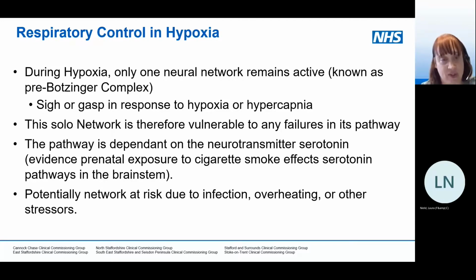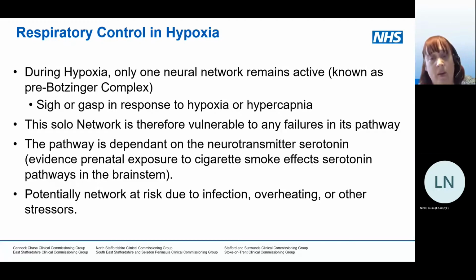But there's just one network available for that. So if the oxygen levels have dropped significantly, there's just the one network that remains active and initiates this response. So any failures, obviously, in its pathway make that baby vulnerable. Pathways are dependent on the neurotransmitter serotonin, and there is evidence that prenatal exposure to cigarette smoke affects serotonin pathways in the brainstem.